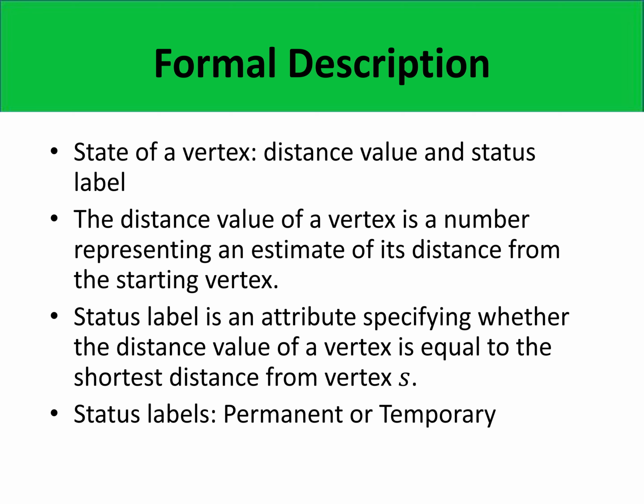In this algorithm, each vertex has a state. The state includes the distance value of the vertex from the starting vertex and the status label. Now, the distance value of a vertex is the number representing an estimate of its distance from the starting vertex. The status label is an attribute specifying whether the distance value of a vertex is equal to the shortest distance from vertex S. The status labels could be permanent or temporary.